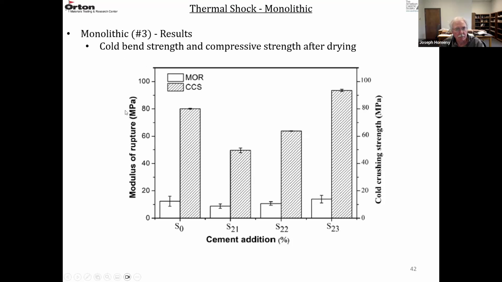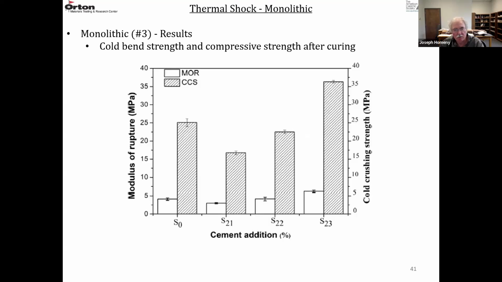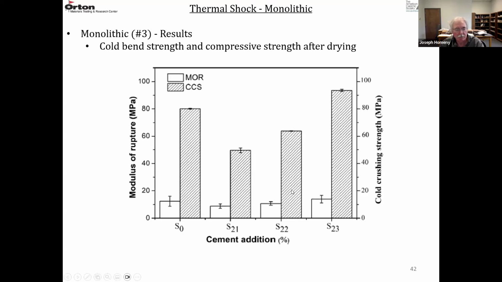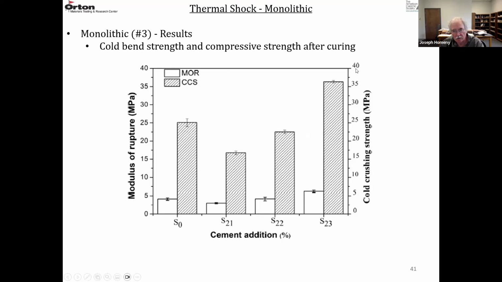This is after drying. There's a modulus of rupture and cold crushing strength. So I'm sorry, the previous one was after curing, just at room temperature. This is after drying. So this is 40 as the maximum on both vertical scales.